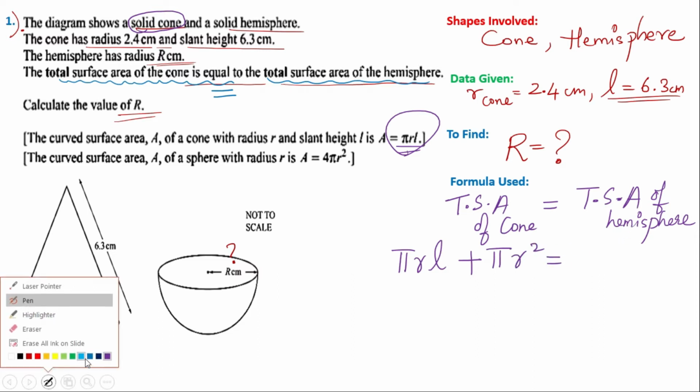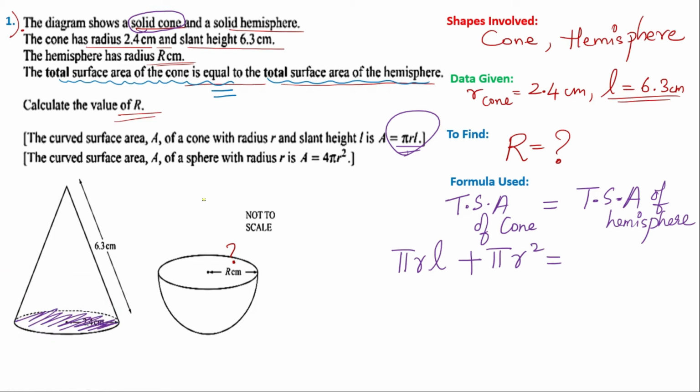Now talking about the hemisphere, the total surface area of the hemisphere is given by the curved region along with the circular region in the center. You have the circle here, so the area of the circle is pi R square. For the curved region, they have given the curved surface area of a complete sphere.